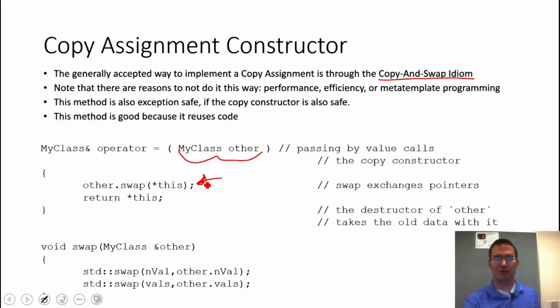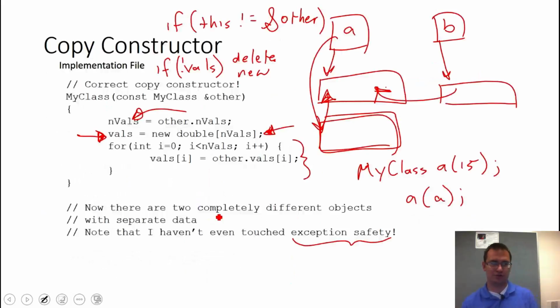So this is a temporary value, which has made an exact copy of wherever it came from. And then we're going to swap the current object with the temporary object. Okay, and then the temporary object goes out of scope and takes everything with it, takes all the old data with it. So we don't have to do what I just showed you, which was all this delete stuff and all that other fun stuff.